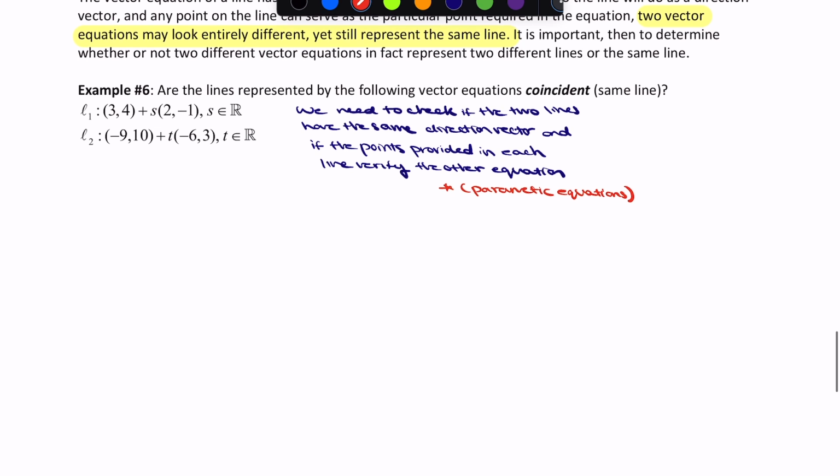Okay, so the first thing we want to do is look at our direction vectors. So this is our first step here, look at direction vectors.